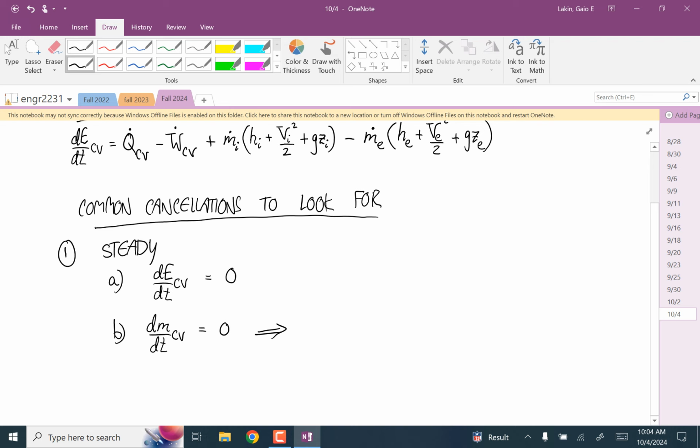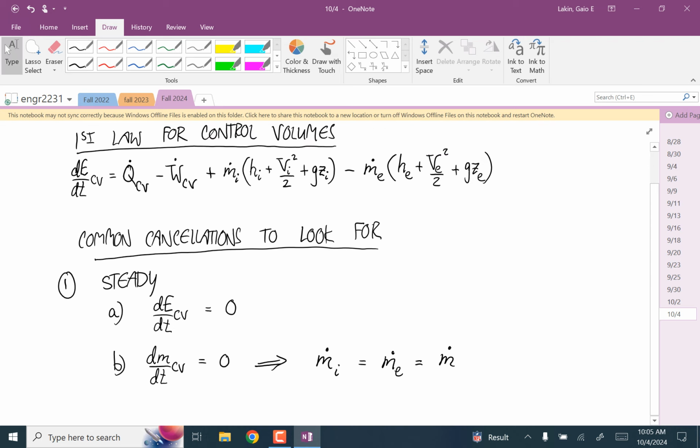What it turns into is that you can replace m dot i and m dot e with just m dot. There's no distinction between these two things. So if it says steady state, right away that cancels. I'm going to erase these. You probably don't want to cross these off in your notes, but that I isn't there and that E isn't there.